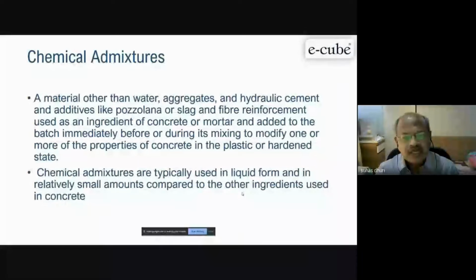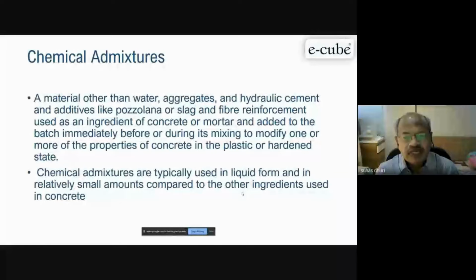You can add this material during mixing or after mixing is over, to modify the properties of concrete in plastic and hardened stage. That is the basic purpose of using these chemical admixtures.